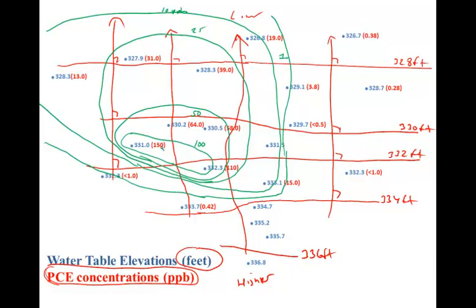Contamination source, probably somewhere in here. So the green contours represent where the contamination is in the aquifer.